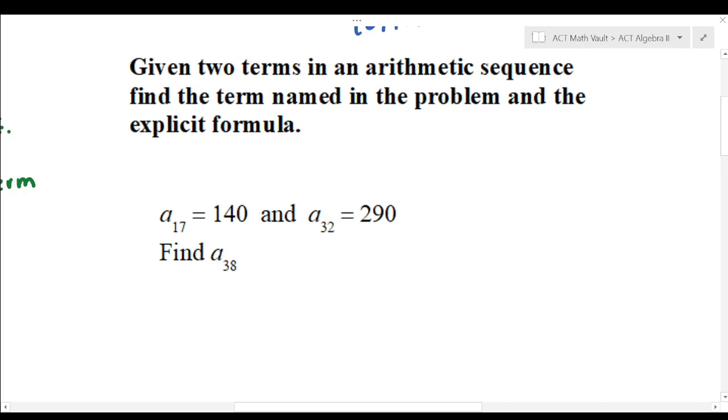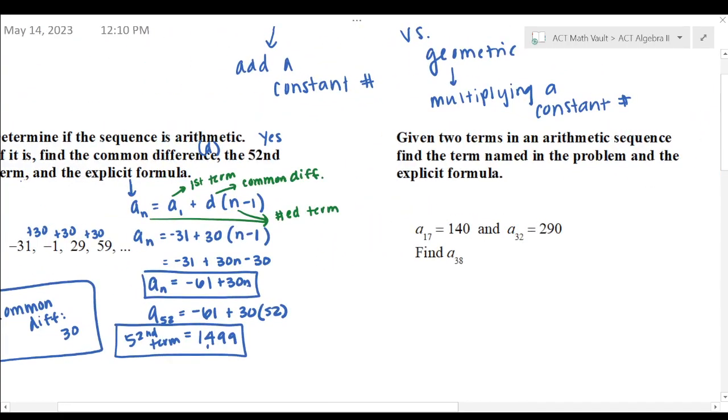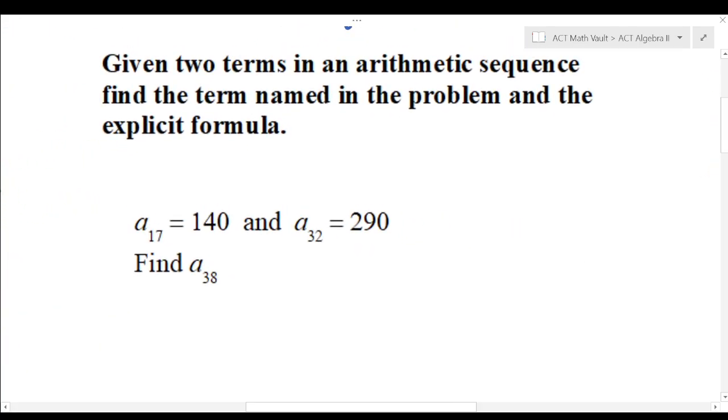This one is a little harder because you don't have the common difference, and you also don't have the first term. In this formula right here, you need the a sub 1 and the d to really get going. So what we have to think of is some sort of out-of-the-box method to figure out the first term and figure out that jump from one number to the next.